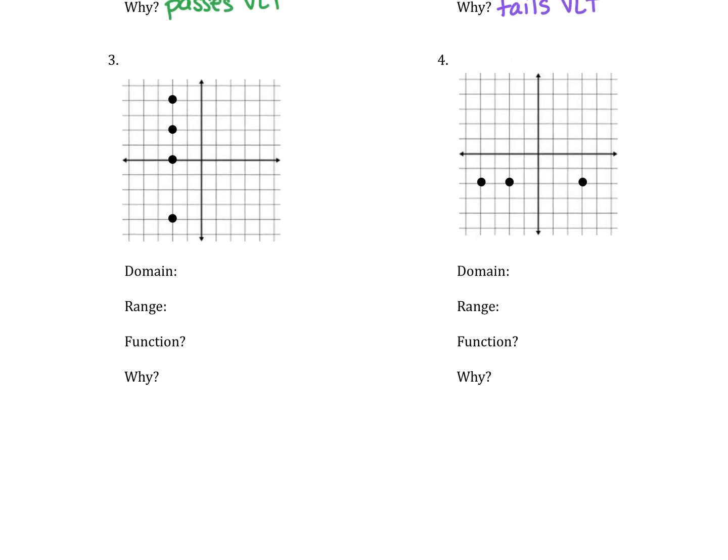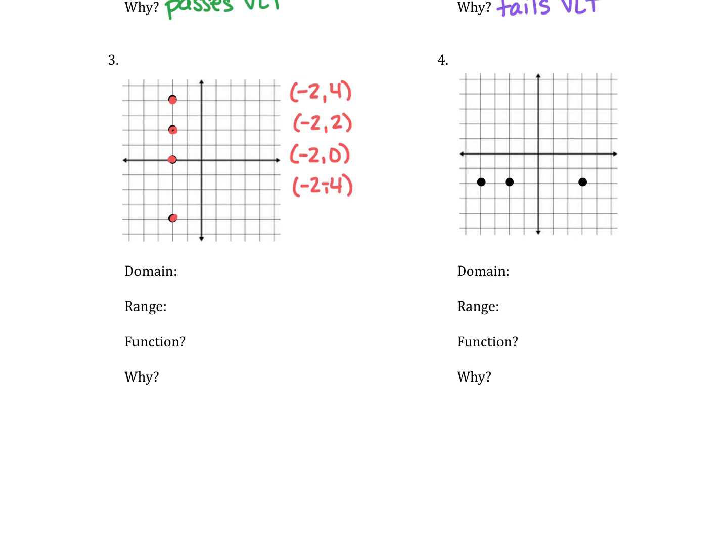Example 3, I'm going to name my ordered pairs. I have this one at -2, comma 1, 2, 3, 4, -2, 2, -2, 0, and -2, 1, 2, 3, 4, -4.